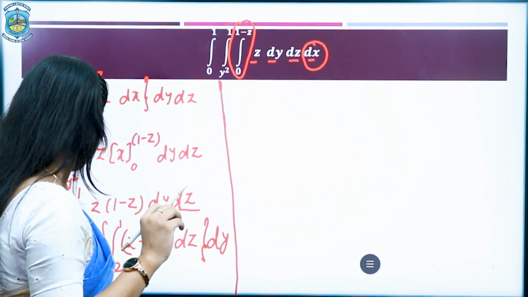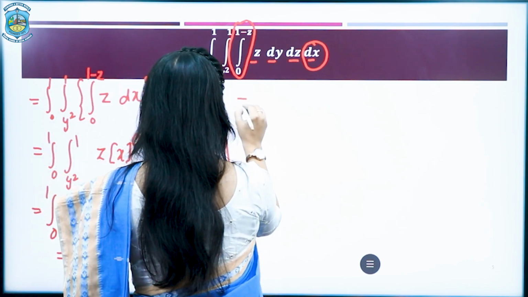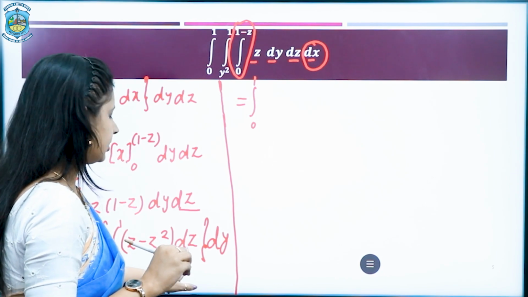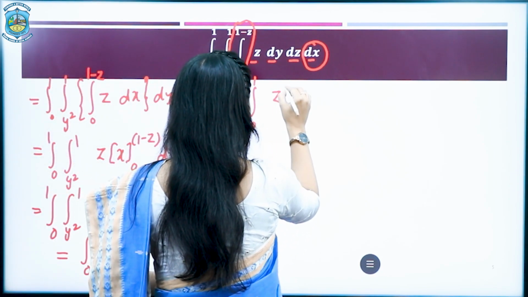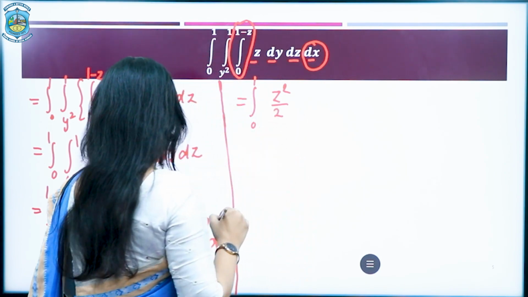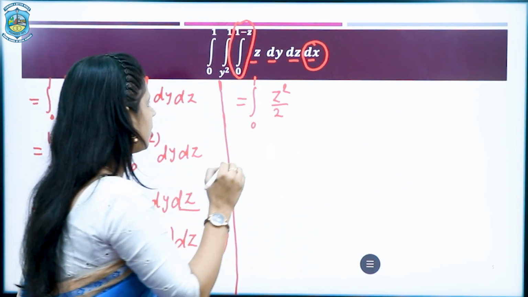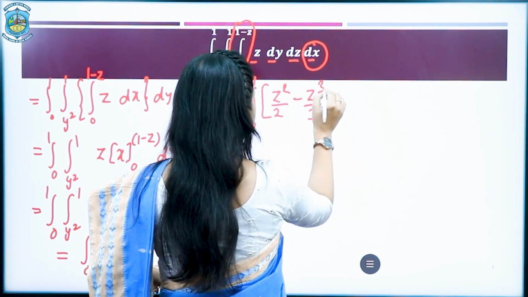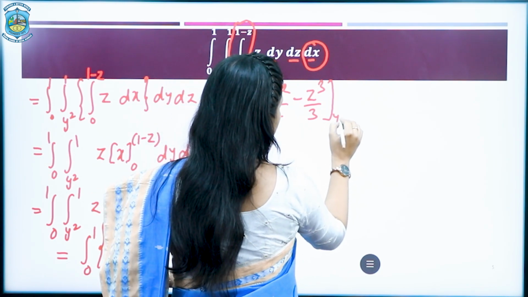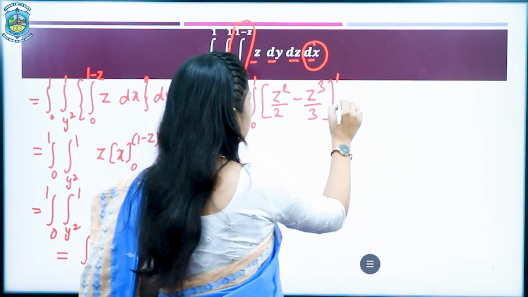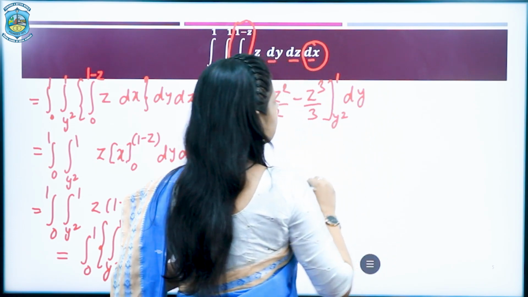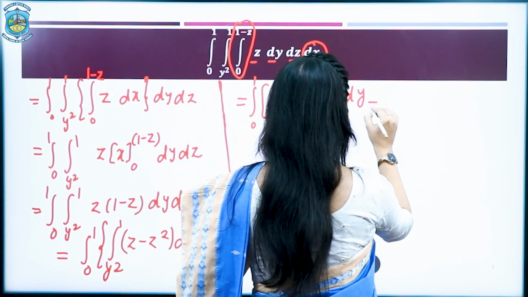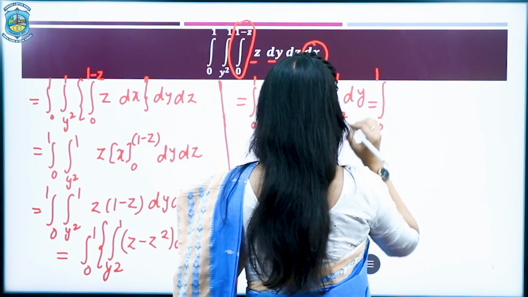Now when we integrate here, we get this integral 0 to 1. Integration of z with respect to z is z square by 2 minus integration of z square is z cube by 3. Limits are from y square to 1 and next integration is with respect to y. Now we will apply the limits, this integral as it is.